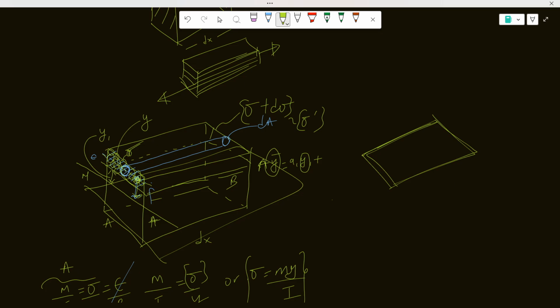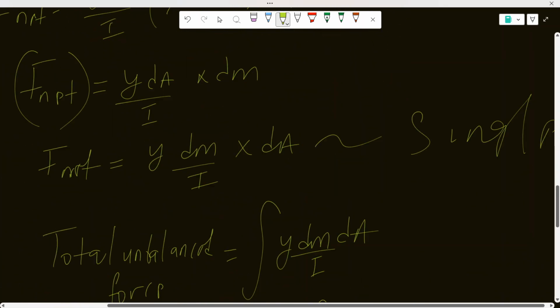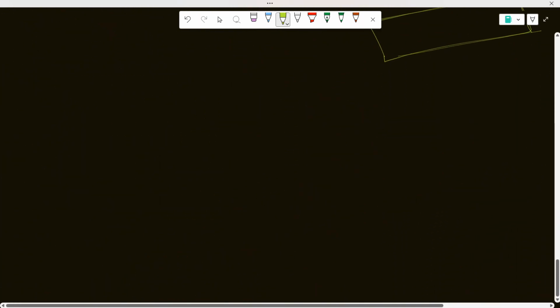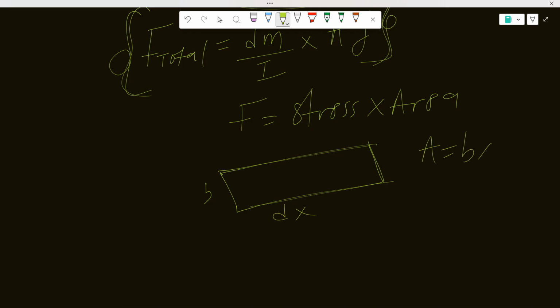If I cut it, my distance from here to here is B, and my distance from here to here is dx. Since we're dealing with the layers, my area must be B times dx. So the area of the layer of the beam is equal to B times dx.